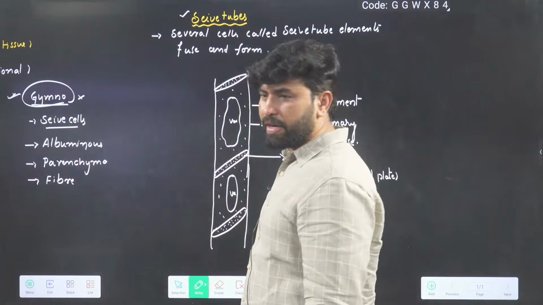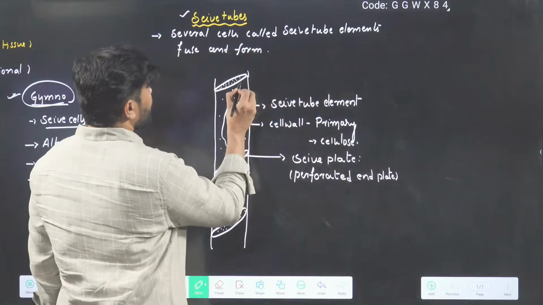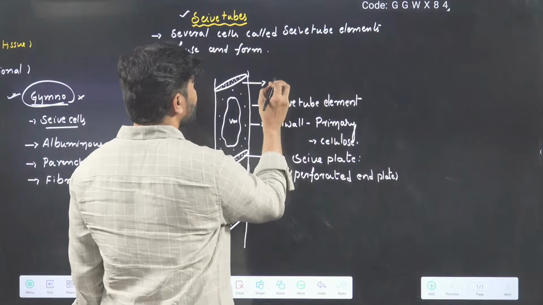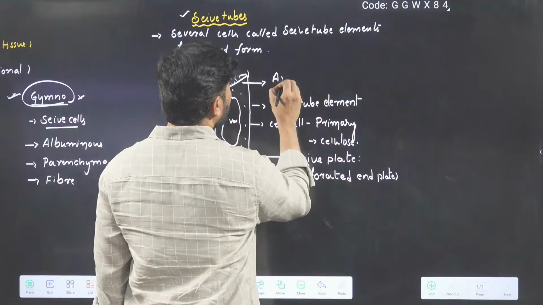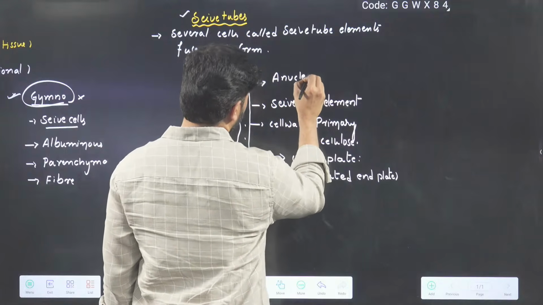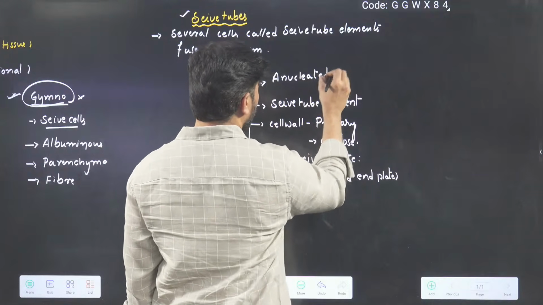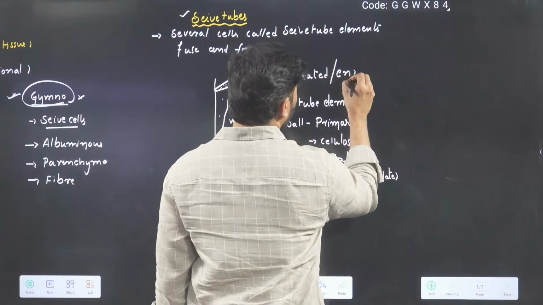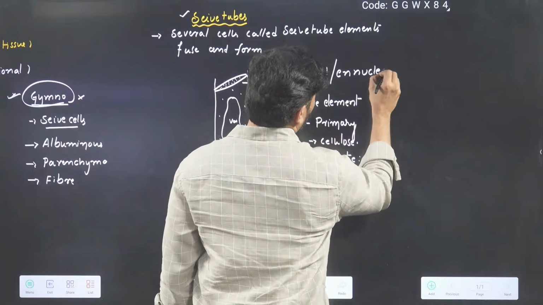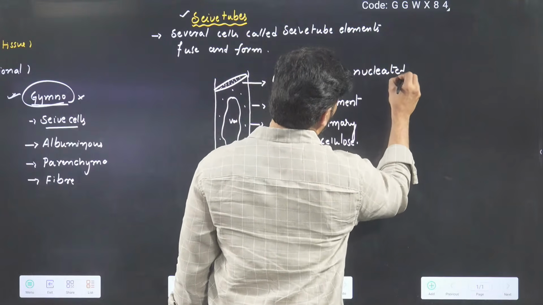Around the vacuole, there is peripheral cytoplasm. Then if you see inside the cell, they are anucleated, or another word, enucleated. Both are the same but different.